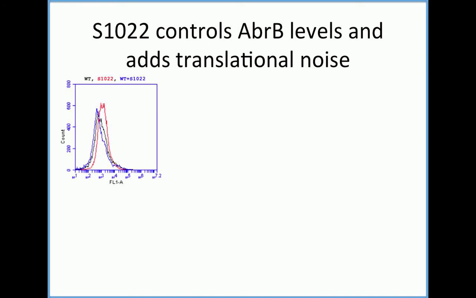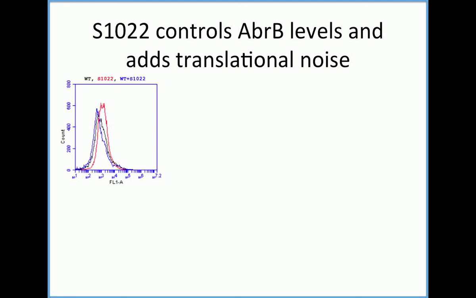The next thing we wanted to look at was to see the population dynamics of AbrB expression in an S1022 mutant. So we took advantage of an AbrB translational GFP fusion that we had in the lab. And if you look here, we have the black line showing wild type levels of AbrB.